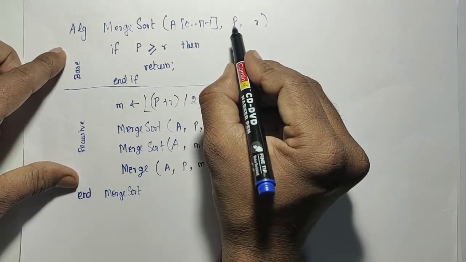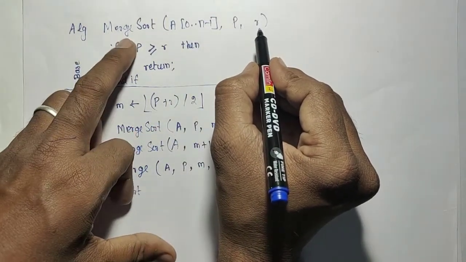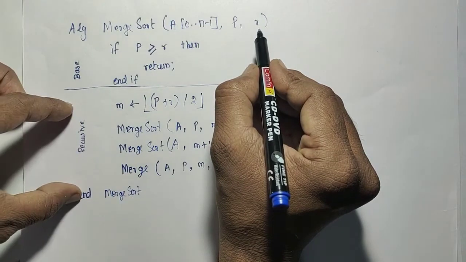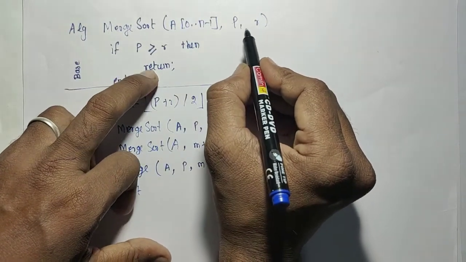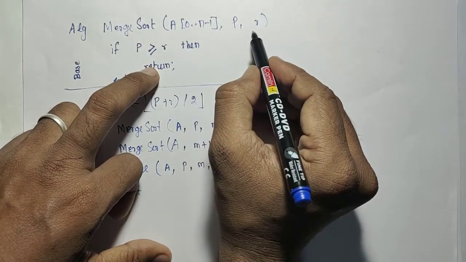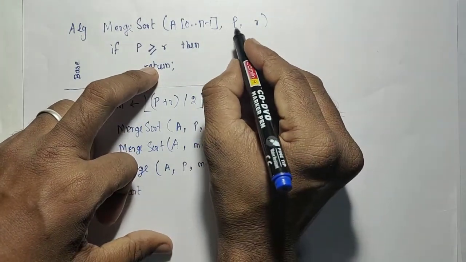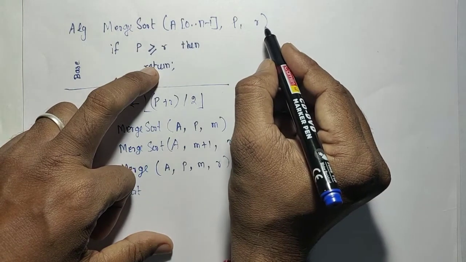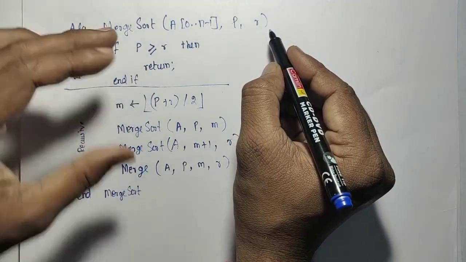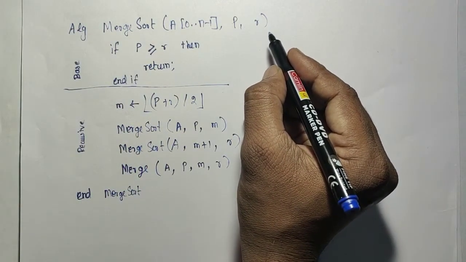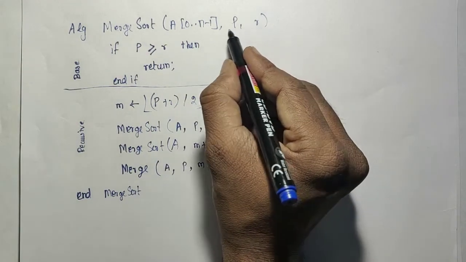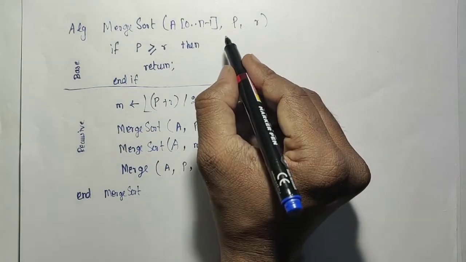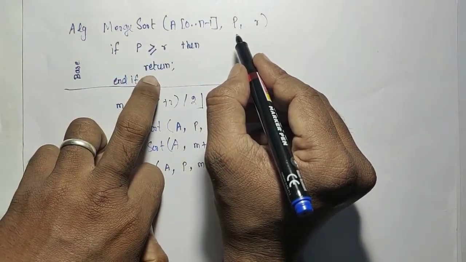It means that only one element is involved in the merge sort, so there is no need to apply the recursive case; it will return and exit here. Or an invalid index, we can ignore the invalid index. Invalid index means P is greater than R. In that case, we are not going to analyze the complexity. A valid index is P equal to R, or P less than R. So P equal to R means it is going to return something.